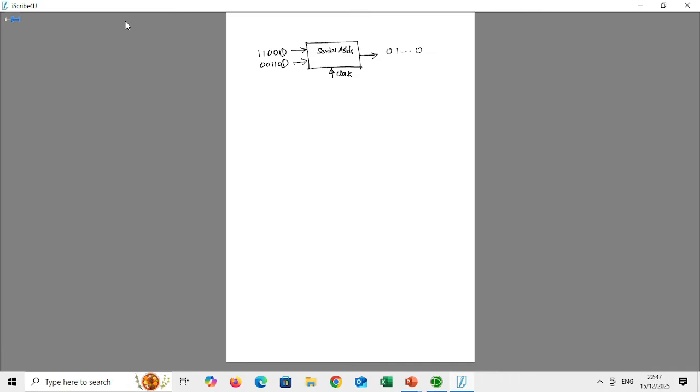When we want to build large adders and time is not critical, it is easy to build them using synchronous sequential circuits like this, where after 32 or 64 clock cycles, it can add two numbers of size 32-bit or 64-bit. Here the circuit will be very simple. The only thing is that multiple clock cycles will be required. So if that is a requirement, how do we design such circuits?